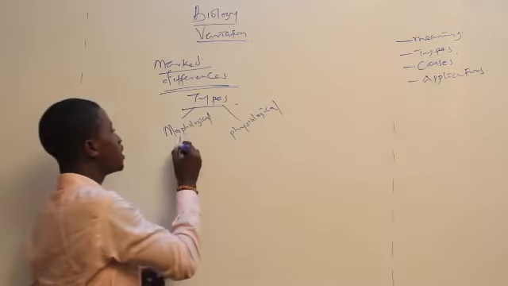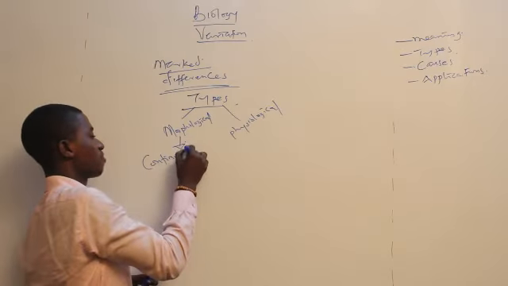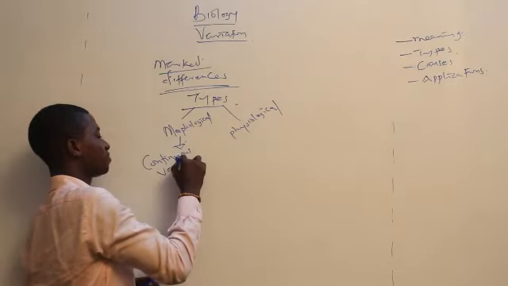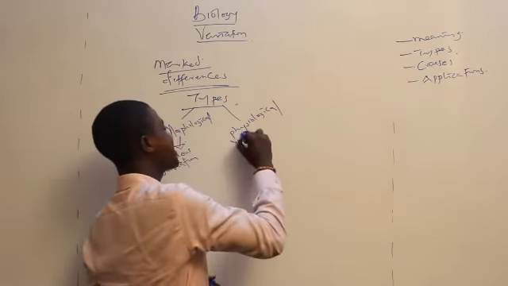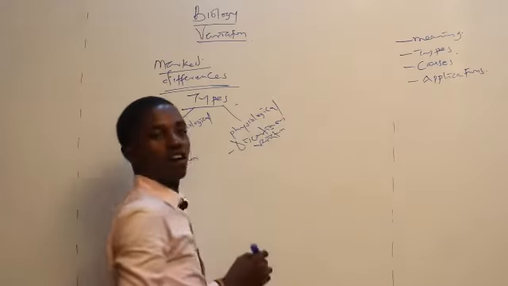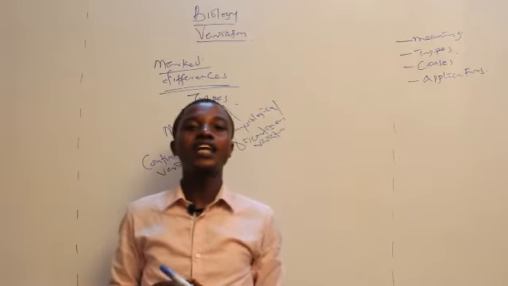Morphological variation is also known as continuous variation, while physiological variation is also known as discontinuous variation.